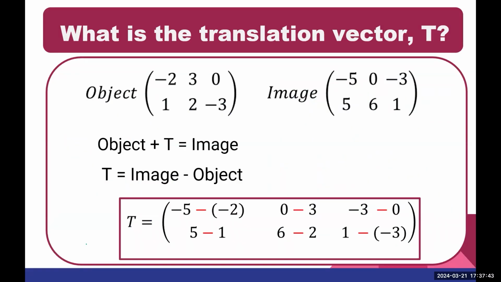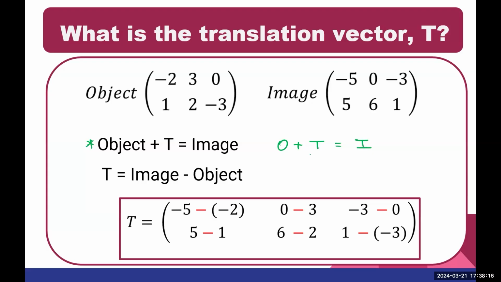So we have the object in its vertex matrix. We have the image in its vertex matrix. Now, as we discovered, we would need to add a translation vector to get the image. Now, it's basic transposition. So let's just use the starting letter of each of these. Let's say object is O. T represents our translation vector, and all of this represents I, the image.